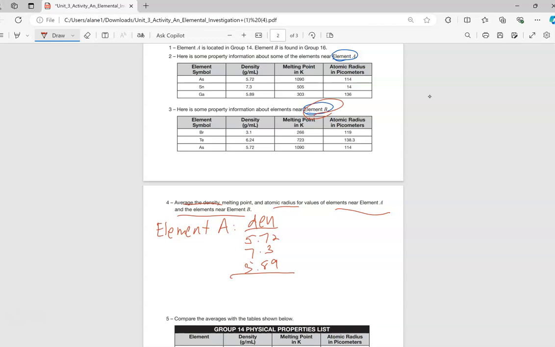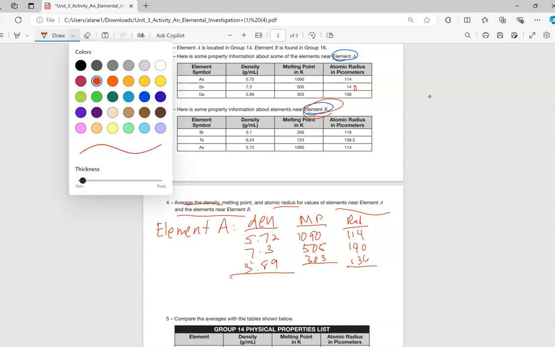And then I'm going to do that for the melting point: 1090 plus 505 plus 303. I'm going to add them all together, and then I'll divide by 3. And then radius, I'm going to take 114, 140, and 136. I'm going to add those together and divide by 3.